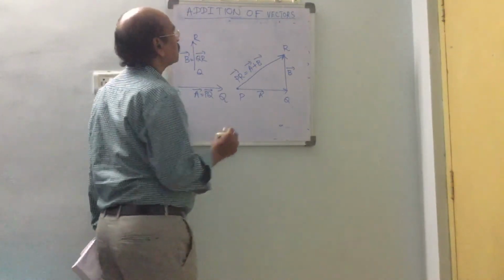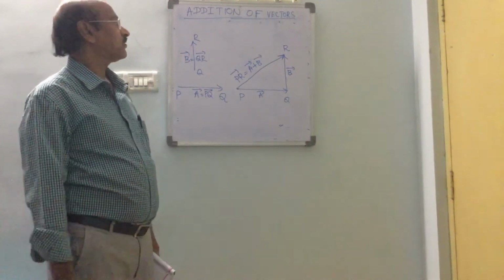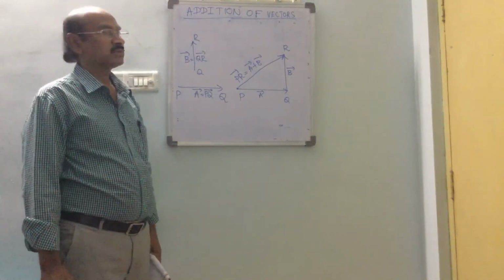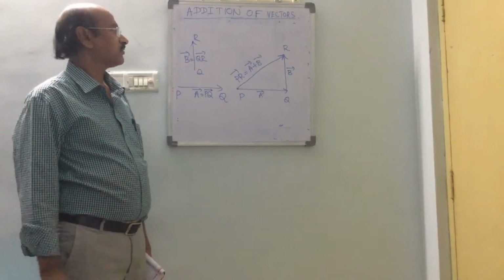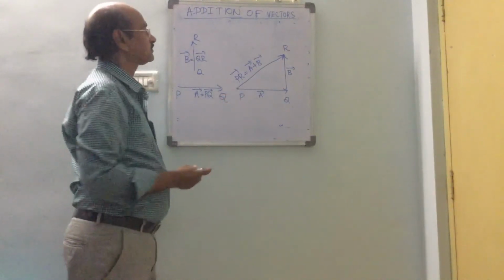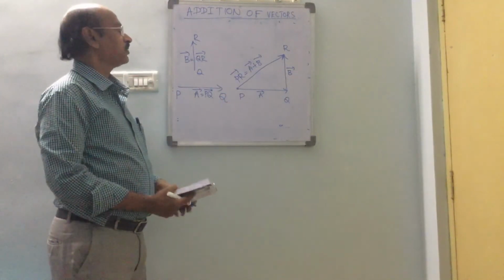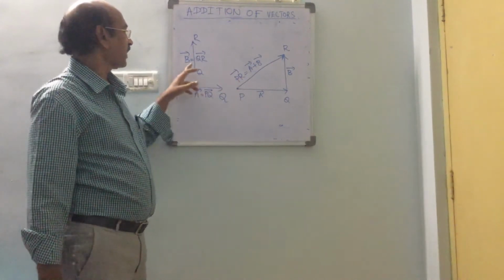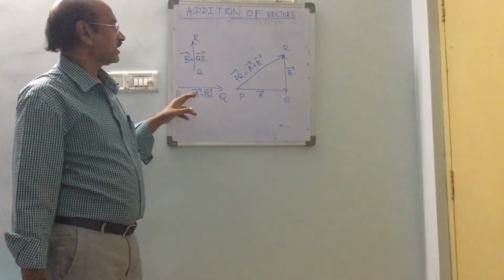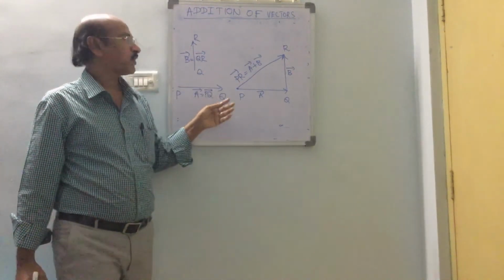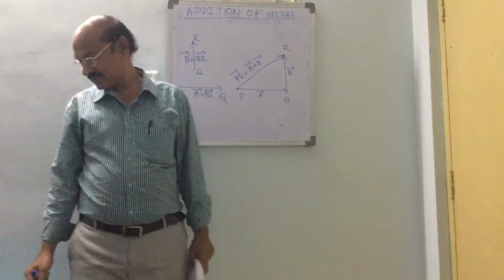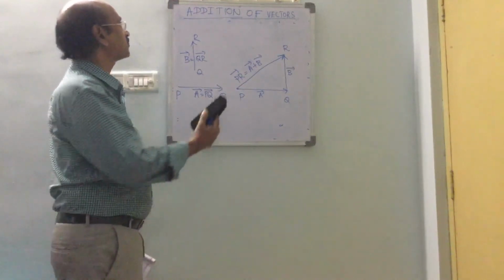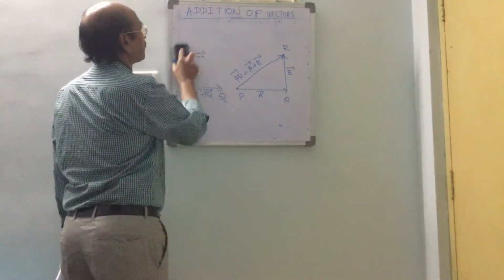To find the resultant of two vectors, we use the triangle law of vectors. If we know the angle between the two vectors acting at a point, then to find the resultant we use the polygon law of vectors. First we learn about the triangle law of vectors.